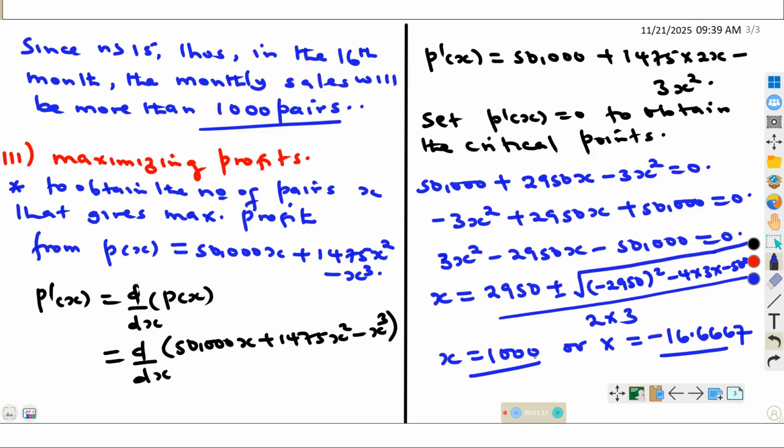If x is equal to that, what will happen? Will it give us a maximum point or a minimum point? Since we are interested in maximizing the profits, this x should be maximizing this given polynomial function. So let us try to test each of these given values of x.